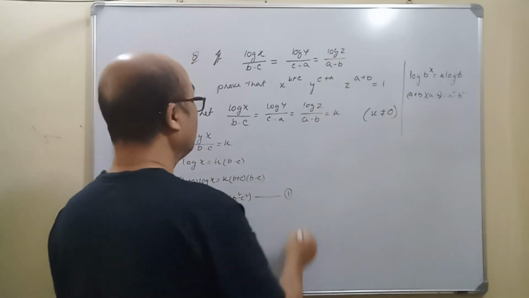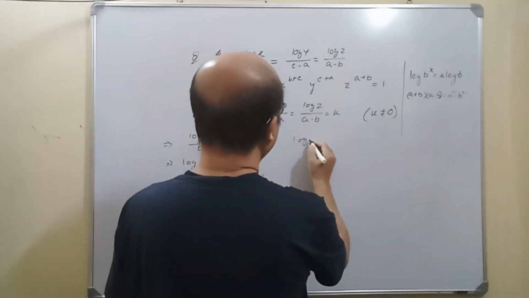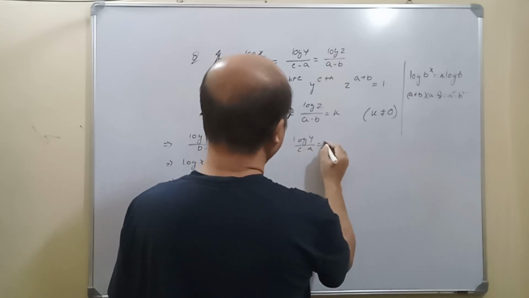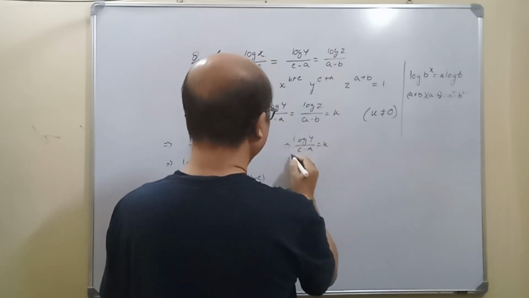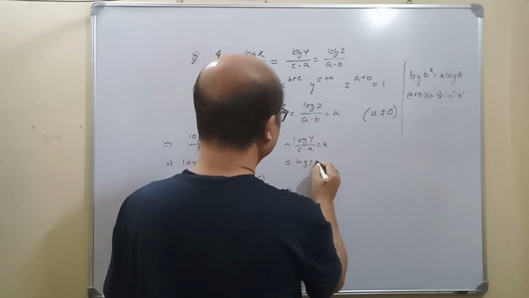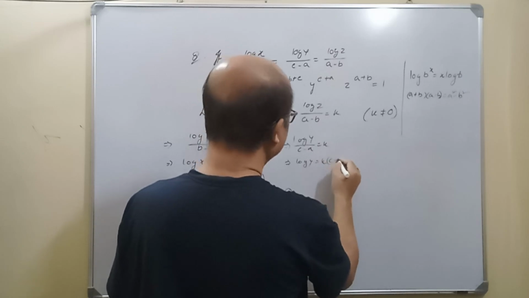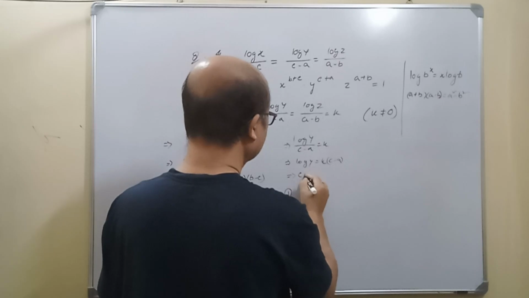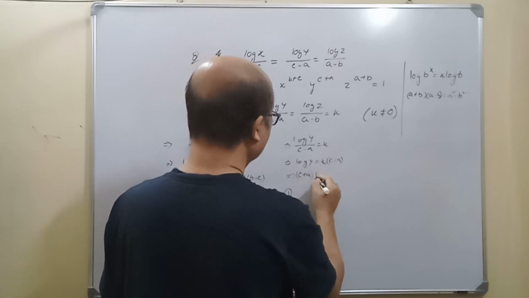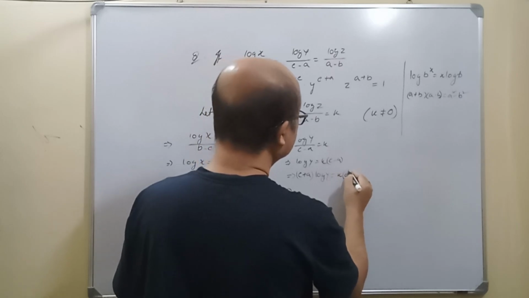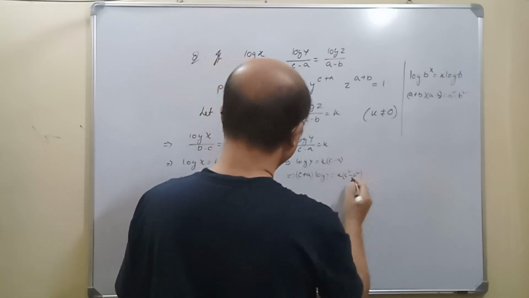Then we have log of y by c minus a is equal to k, which means log of y is equal to k into c minus a. Multiplying both sides by c plus a, we get log of y into c plus a is k into c square minus a square.